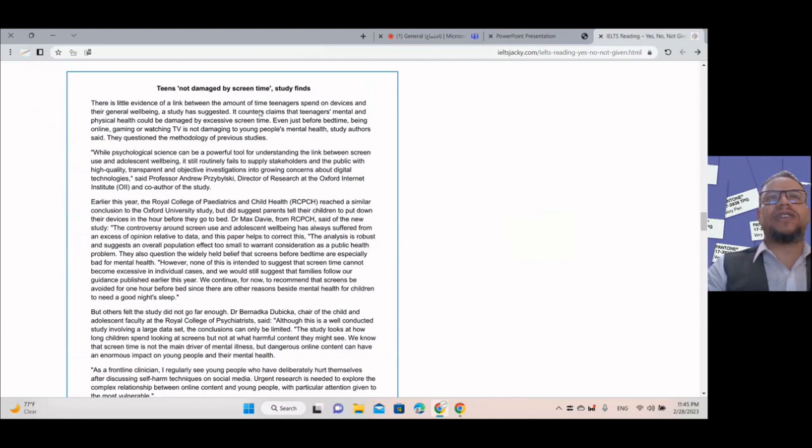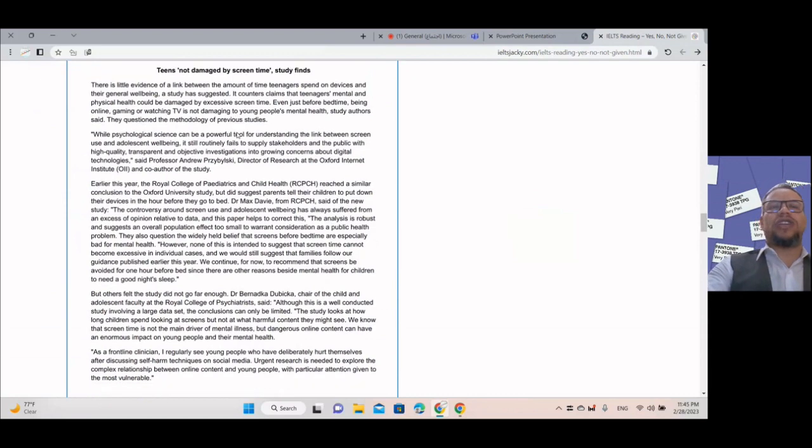Where is the screen, as I told you, in line 3? Here it says it counters claims that teenagers' mental and physical health could be damaged by excessive screen time. So this is a claim. Is it right? Watching TV is not damaging.